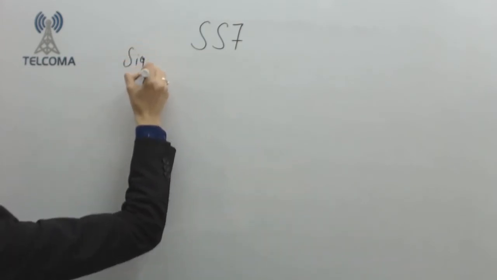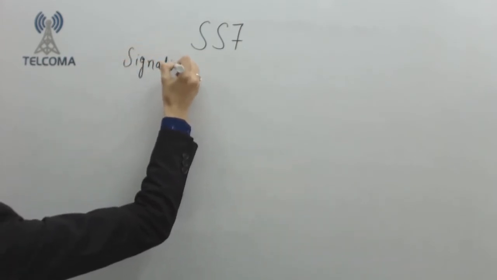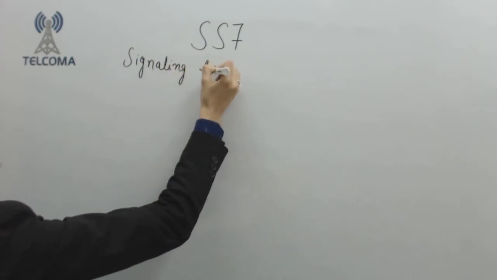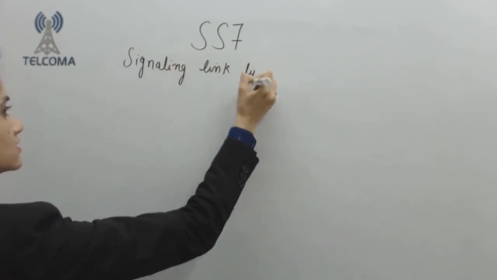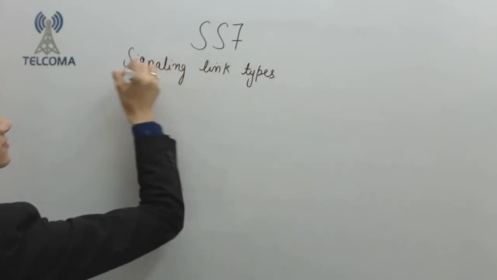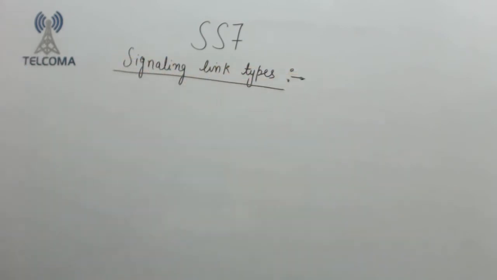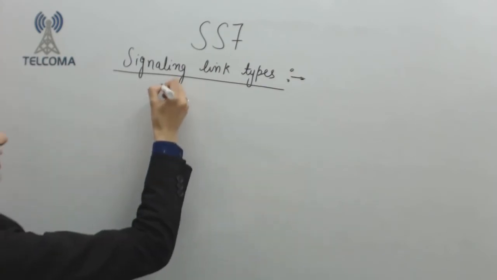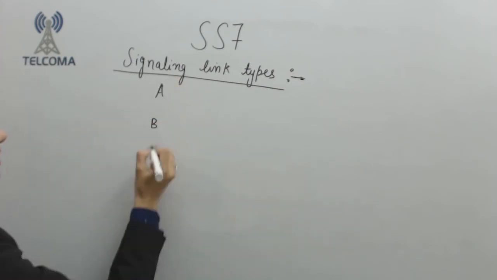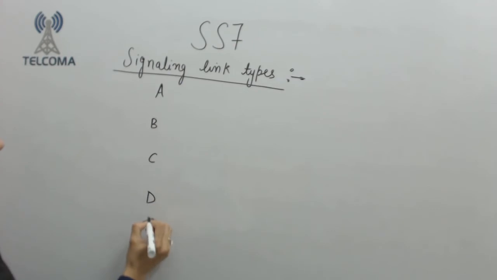So we have a topic as signaling link types. Now we have discussed like we have A link, then B, then C, and then D, so on up to E. And we also have an F link.